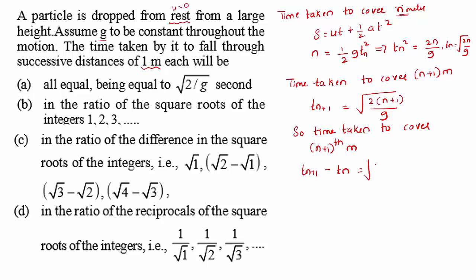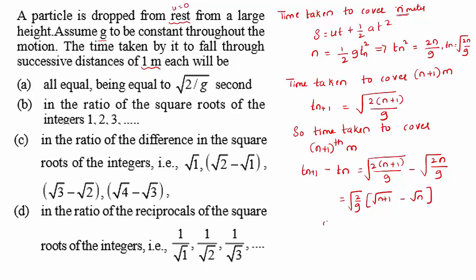So we can write root of 2 into n plus 1 divided by g minus Tn, which is root of 2n divided by g. Here root of 2 by g is common, take it outside. Remaining is root of n plus 1 minus root of n. So this gives the required ratios.